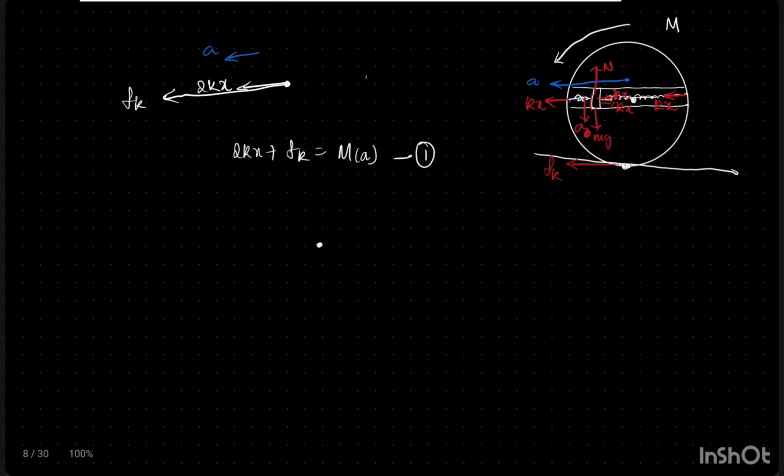If we write torque for the pipe, there will be a normal reaction. This is the action, but there is also the reaction of that normal force on the pipe acting down here.